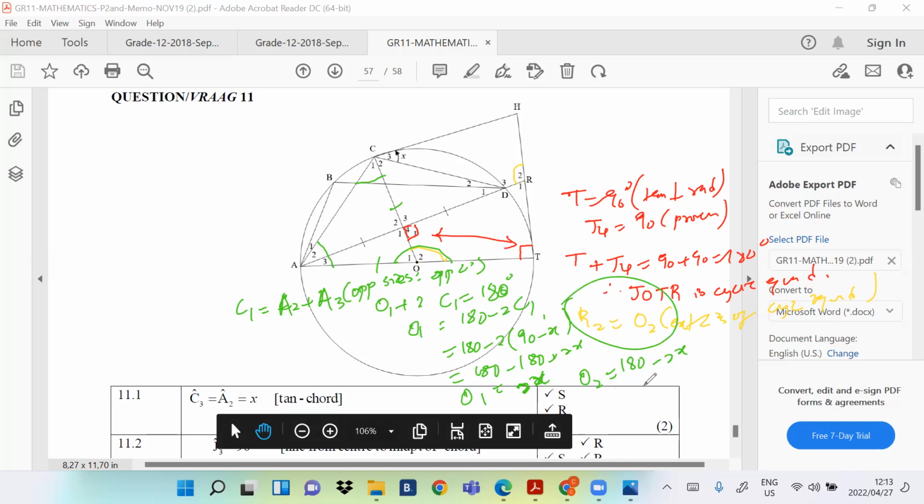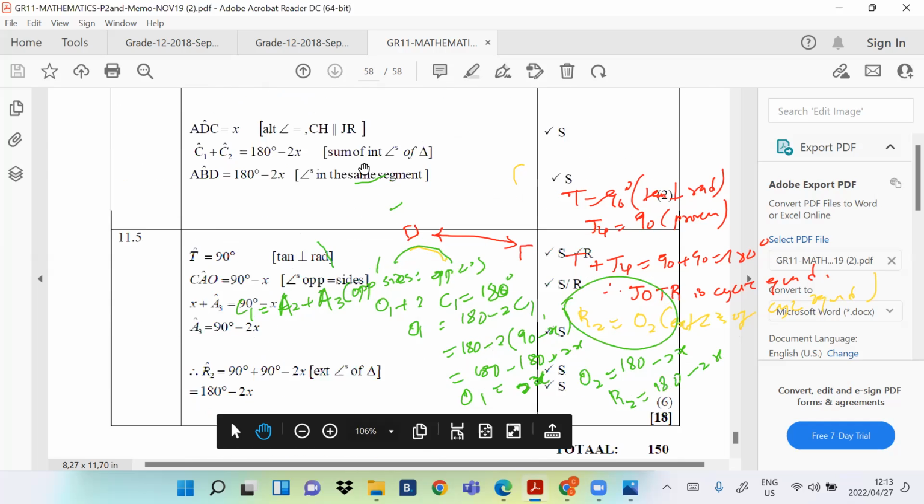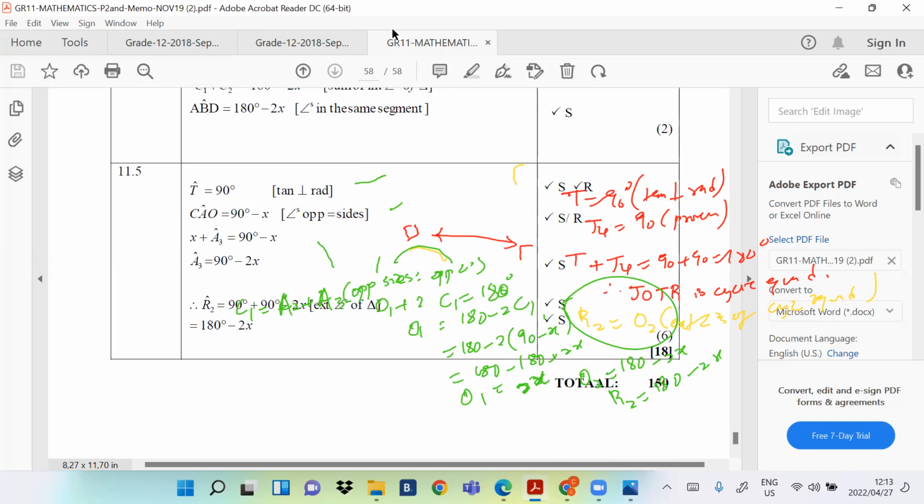We said R2 is O2. That means R2 is 180 minus 2x. Is that what they were looking for? Yeah. Let's see if we are right. Let's check. Yes. Okay, right, that's it.